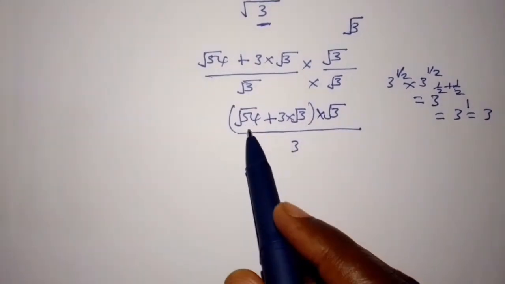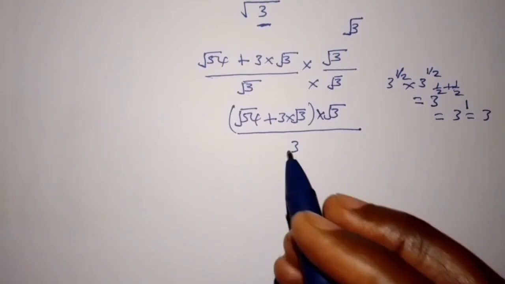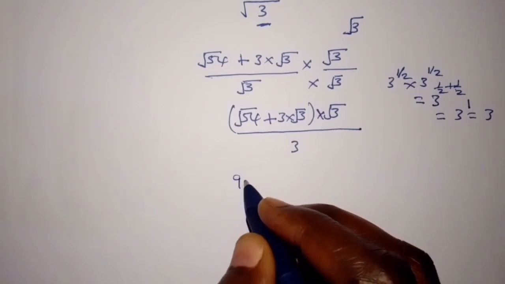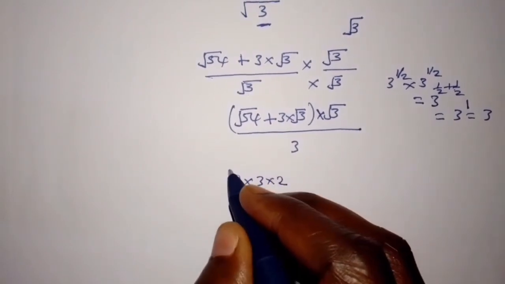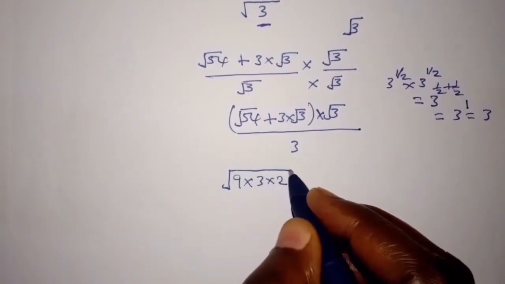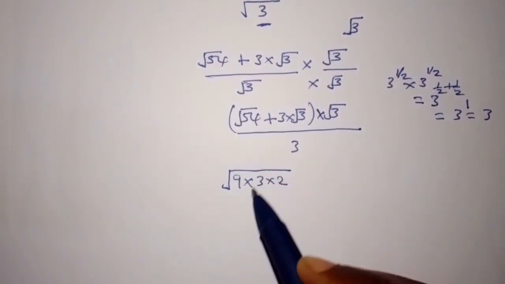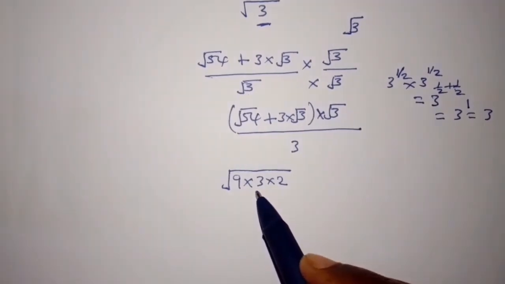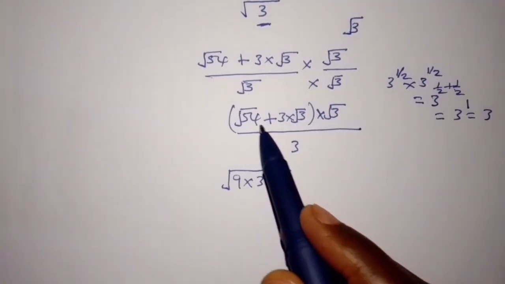Now we can write 54 as 9 times 3 times 2. So the square root of 54 is just like square root of 9 times 3 times 2. 9, 3 and 2 are the factors of 54.